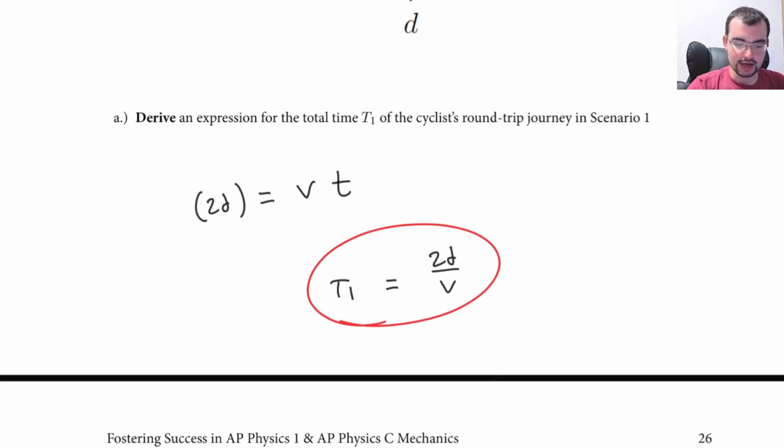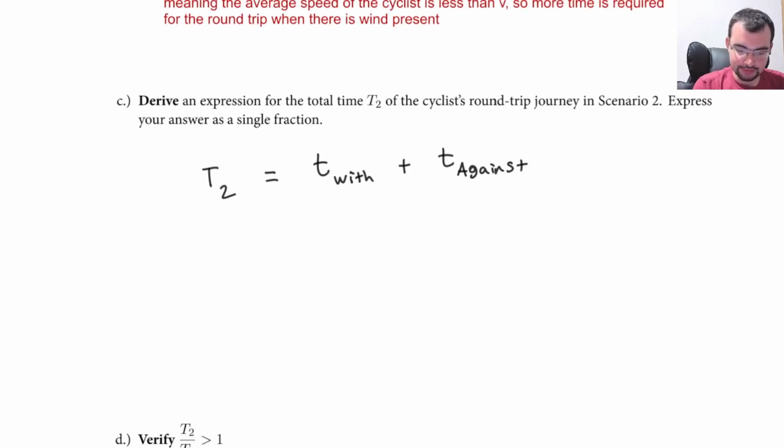And I can't just say 2d equals vt because the speeds aren't the same on each segment. But I can say that the first segment has a distance d, and I'm moving at a speed v plus w. On the second segment, I'm going a distance d again, but I'm moving at a speed v minus w.